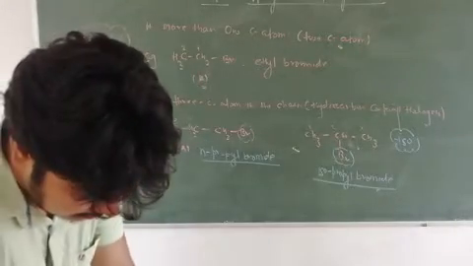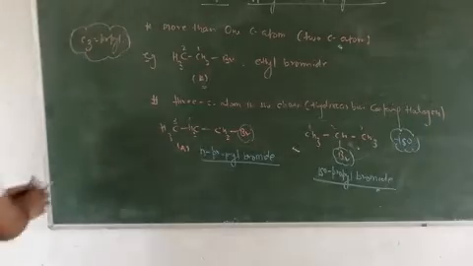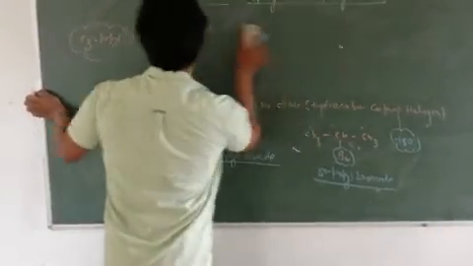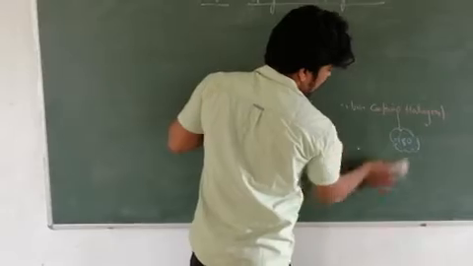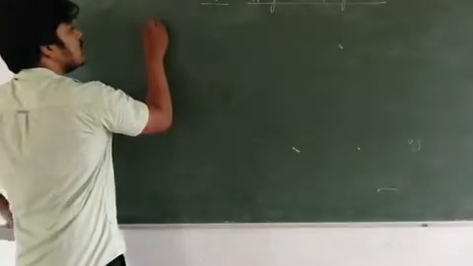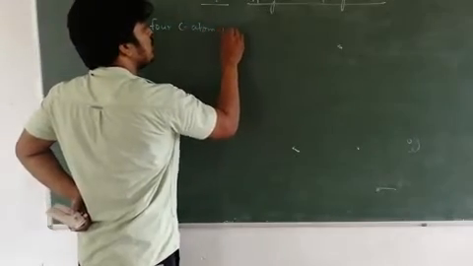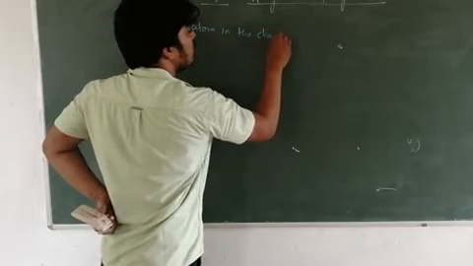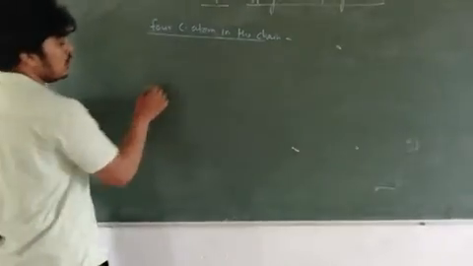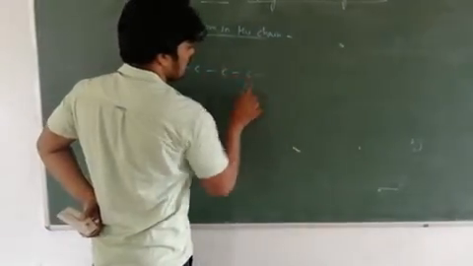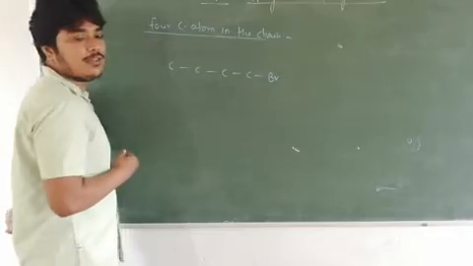So moving further, if I am going to increase the number of carbon atoms, suppose there are 4 carbon atoms in the chain, and any type of halogen, suppose this is bromine, this is chlorine, any type of halogen.